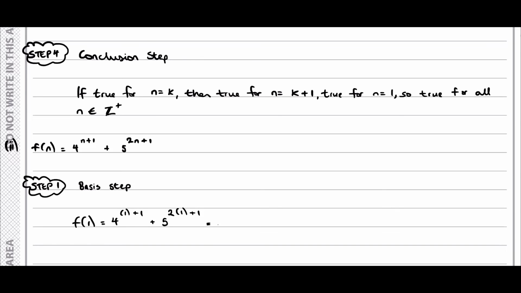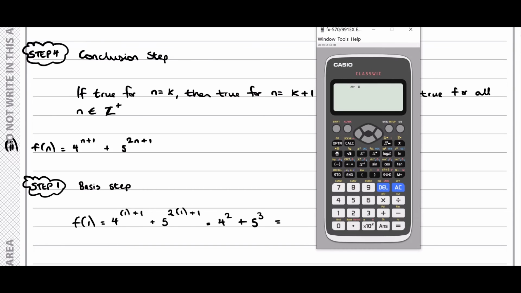So we have 4 squared plus 5 to the power of 3, so we have 16. Well, let's just work this out. We have 4 to the power of 1 plus 1 plus 5 to the power of 2 lots of this plus 1.